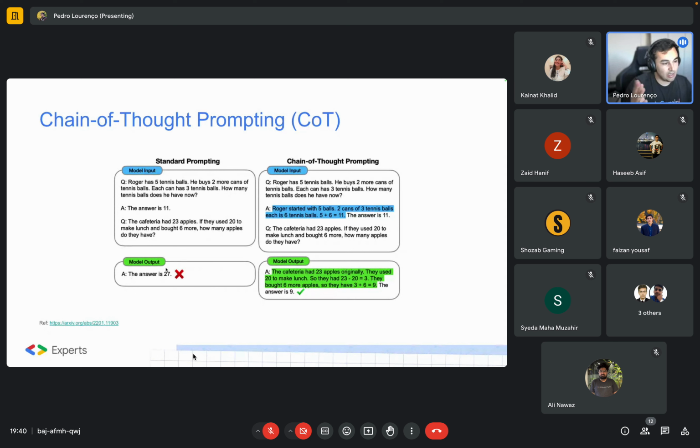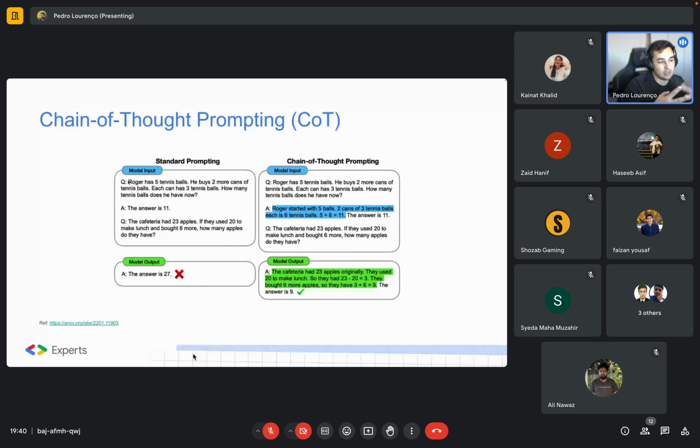And we gave some demonstration to the model, but this is not enough for this kind of problem that requires reasoning. We don't need to only show the answer, but we need to show how to think about the answer, how to come up with the answer.